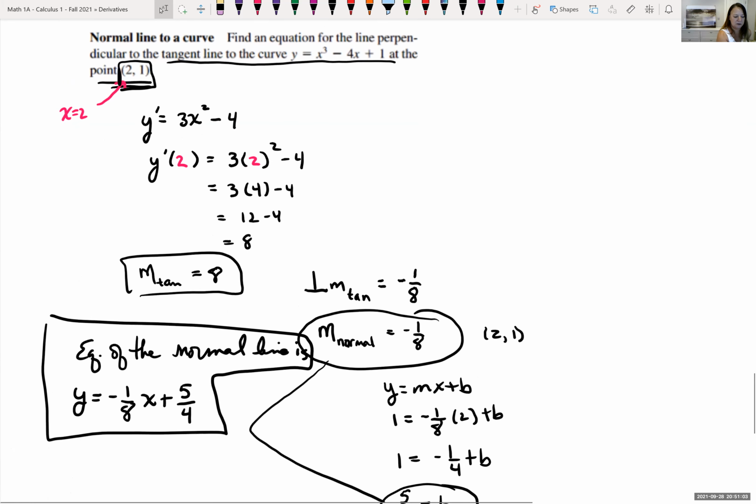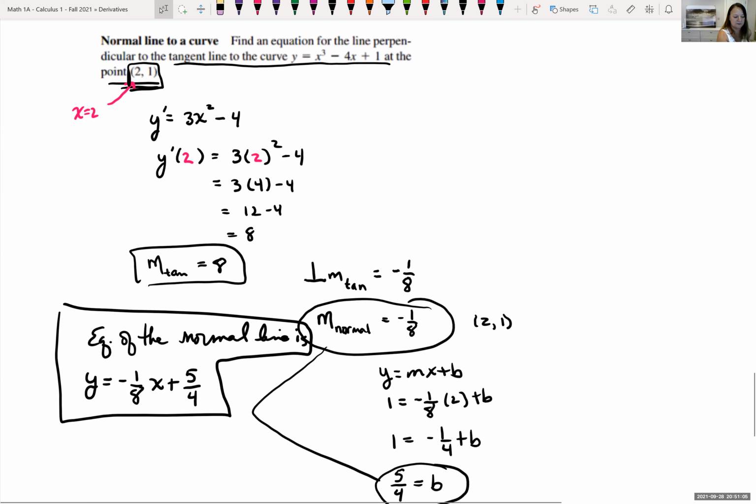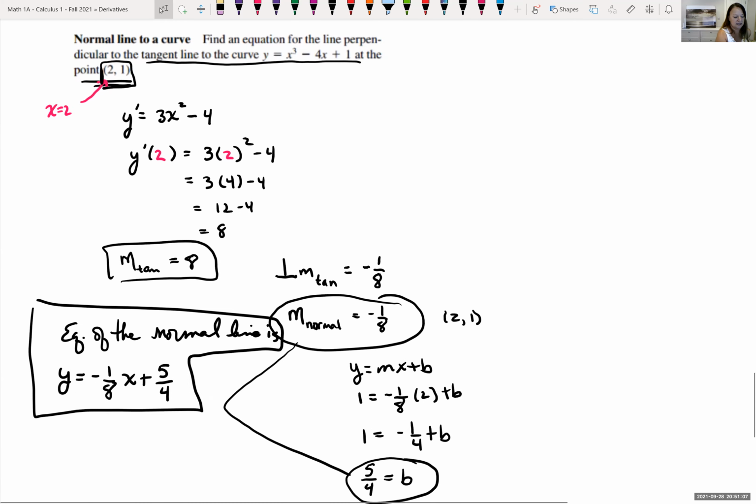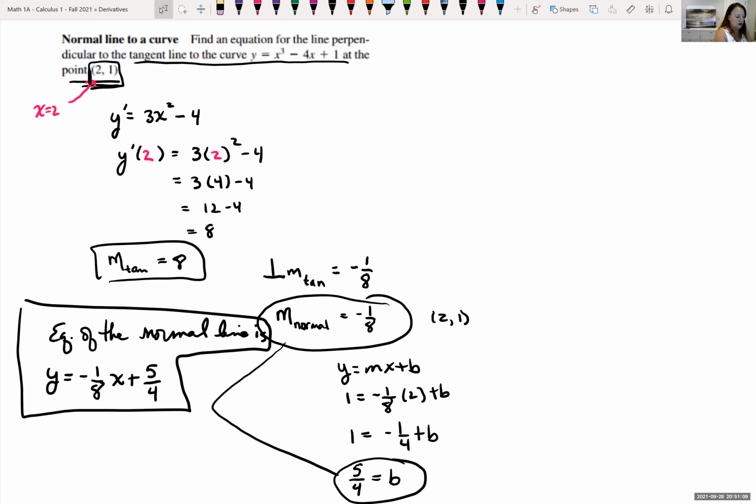The derivative of x cubed is 3x squared, the derivative of negative 4x is negative 4, and the derivative of a constant is 0. So plugging in the x value of our point, we get back that the derivative at 2 is equal to 8.